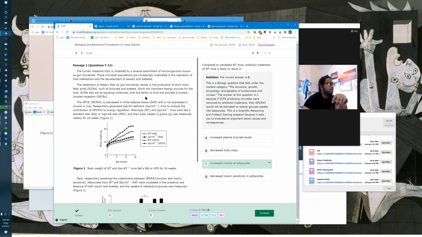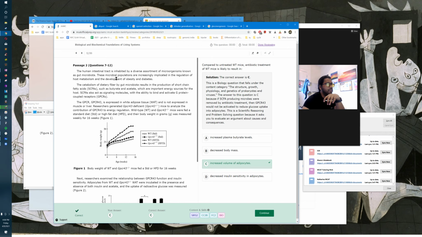The catabolism of dietary fiber by gut biota results in the production of short chain fatty acids such as butyrate and acetate, which are important energy sources for the host.